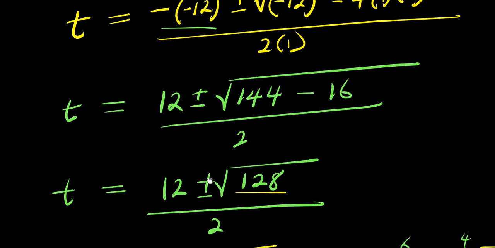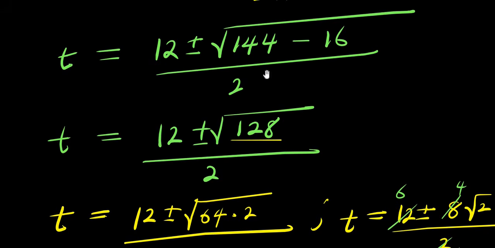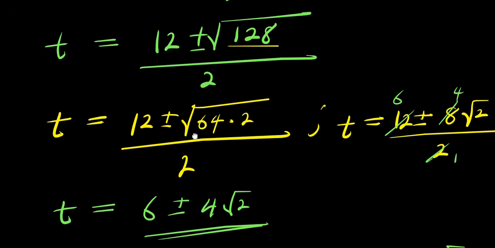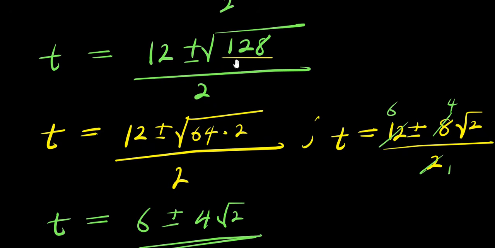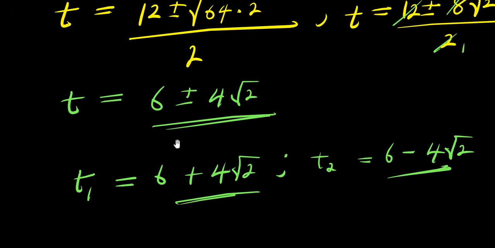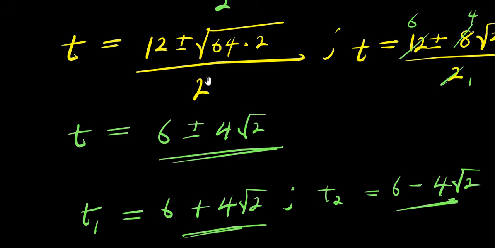We inserted those values in which we did some simplification. We subtracted. Then at the end, we divided this into two parts in which one of them is a perfect square. So this is just basic quadratic formula solving. So we had two solutions which are 6 plus 4 root 2 and 6 minus 4 root 2.